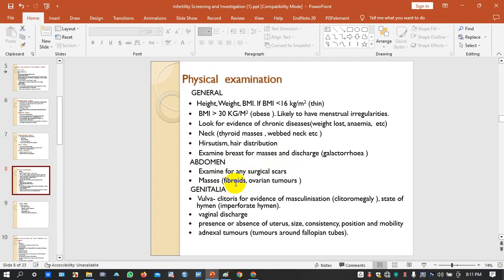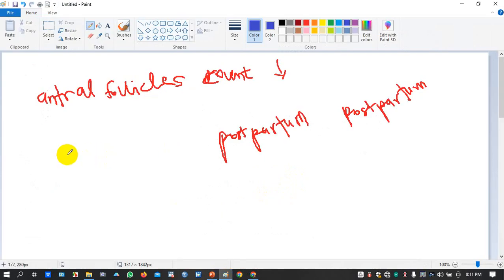Do you have masses? If you have fibroids, it will affect your fertility. If you have ovarian tumors, that's benign tumors of the ovaries, your ovary is supposed to produce eggs. If it has tumors, it cannot produce the eggs. So you are going to have anovulation, the inability to produce eggs. Anovulation.